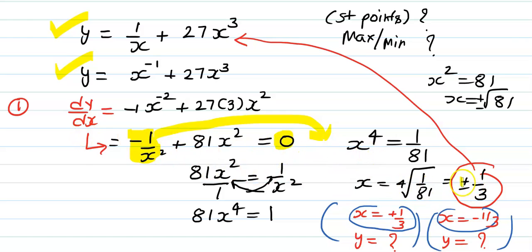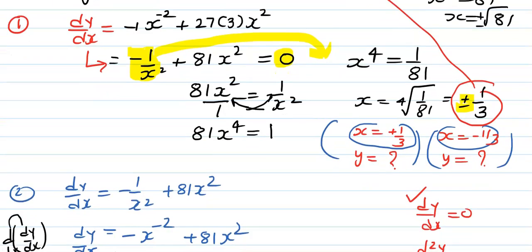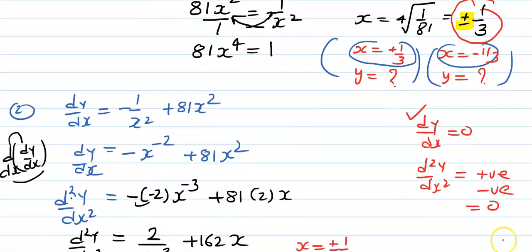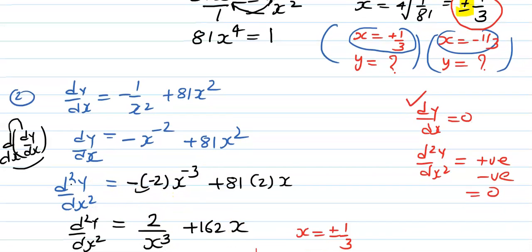So we got x equal to plus minus 1 over 3. Once you got plus minus 1 over 3, then you need to differentiate dy over dx again. So dy over dx was minus 1 over x square plus 81 x square. If you differentiate, you get d2y over dx2, that is 2 over x cube plus 162x.